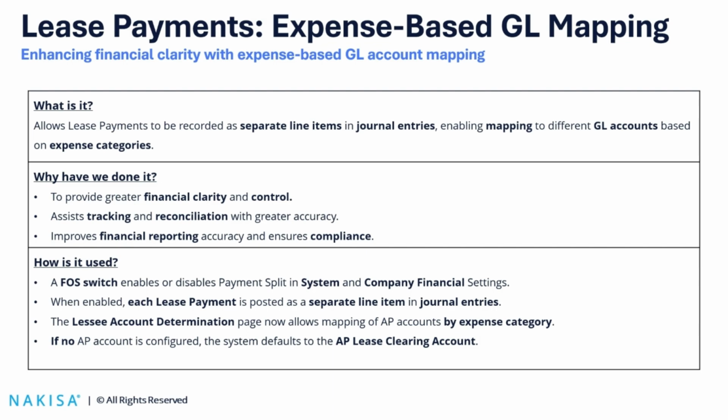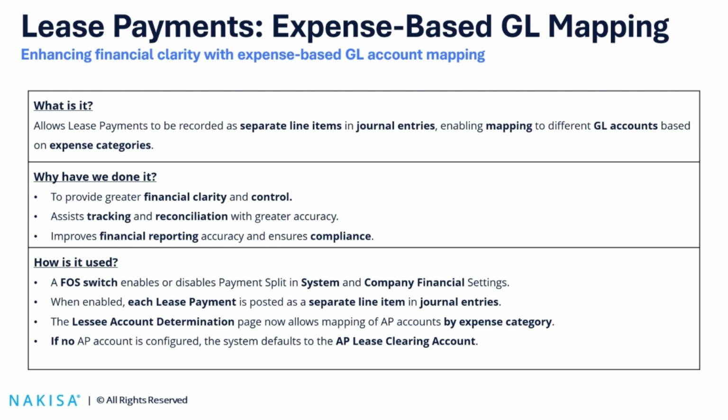A simple example would be if you have a base rent term and a supplemental term. Now you can assign different GL accounts for payments for the base rent as well as a different account for a supplemental term as well. As we said, this will help in enhanced tracking and reconciliation as well as financial reporting.